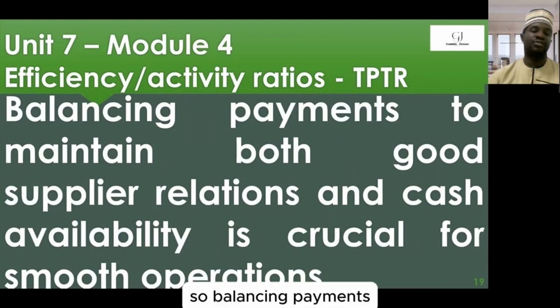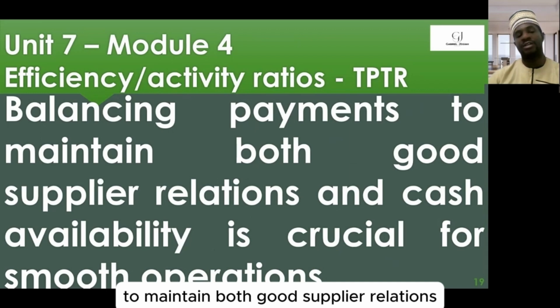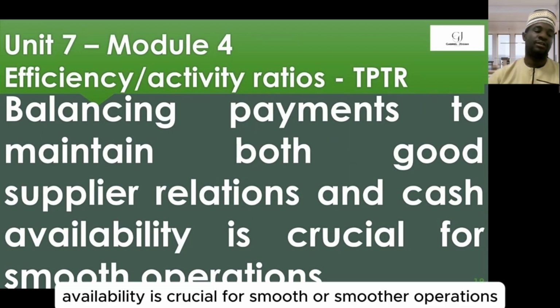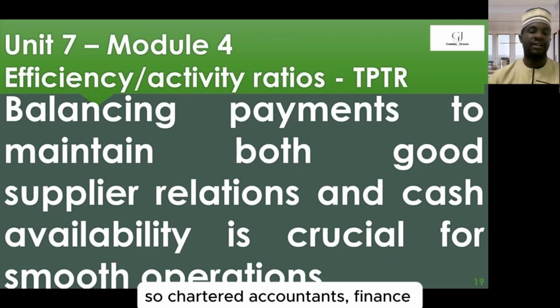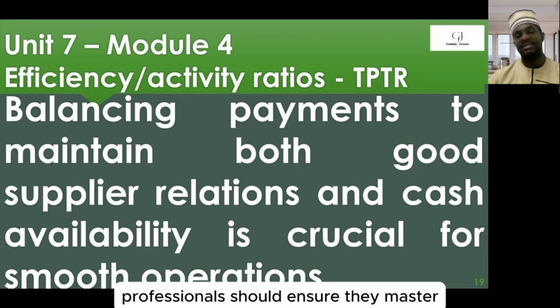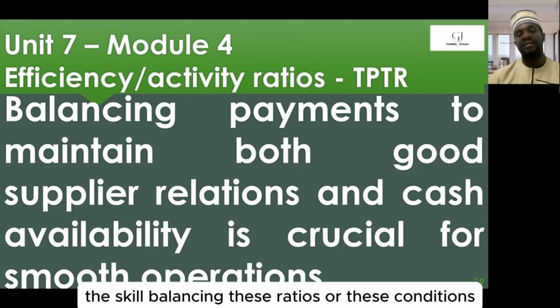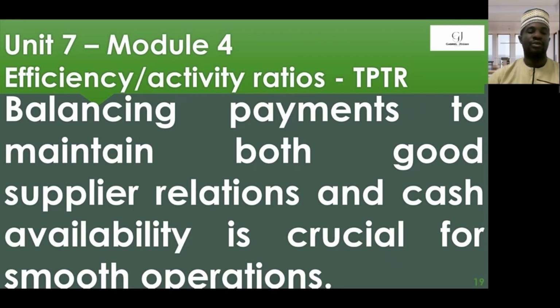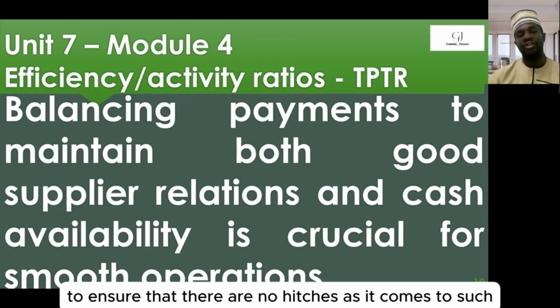So balancing payments to maintain both good supplier relations and cash availability is crucial for smoother operations. So chartered accountants and finance professionals should ensure they master the skill of balancing this ratio or these conditions to ensure that there are no hitches.